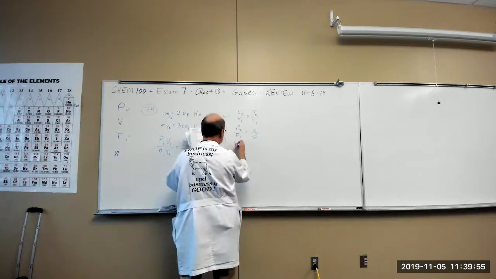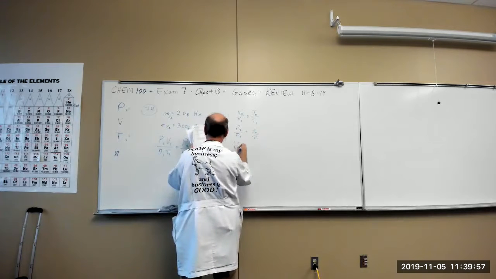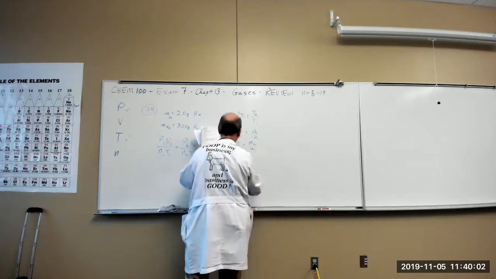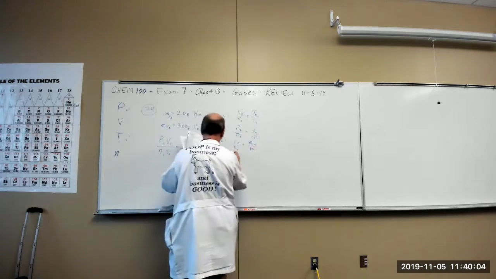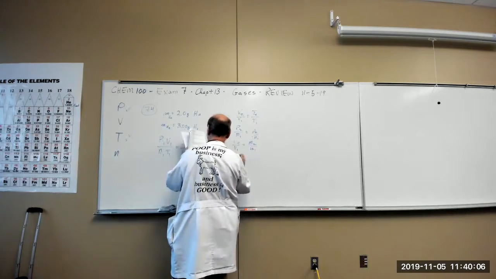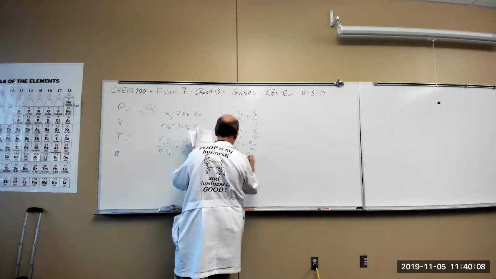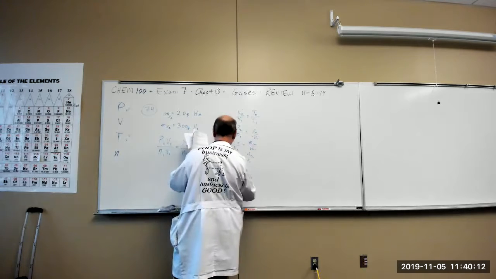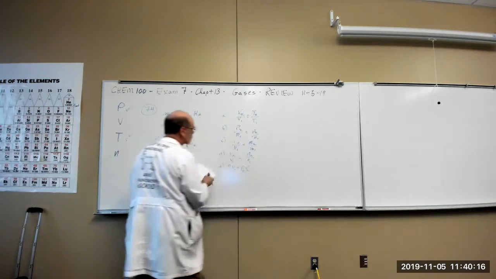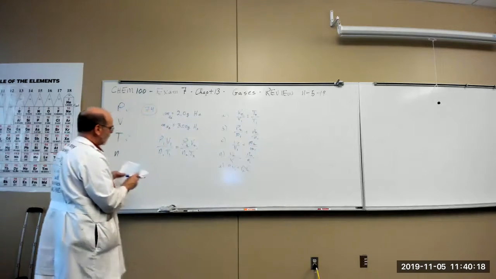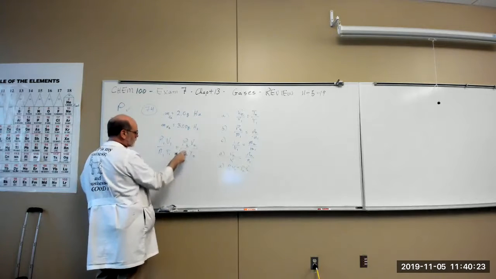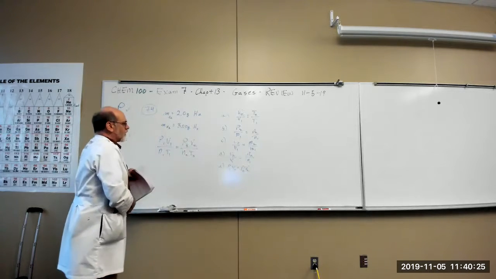C has V2 over V1 equals mass 2 over mass 1. Volume, N2 over N1. And then pressure volume, pressure volume. Okay. So these are our choices. From this place, we see that V1 over N1 equals V2 over N2 would solve the problem.